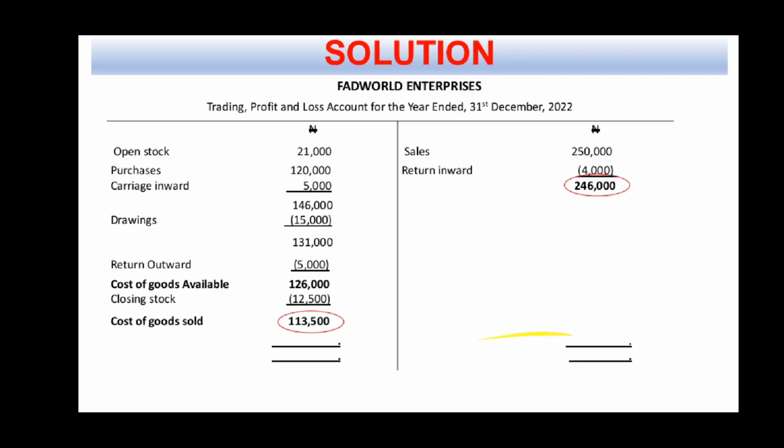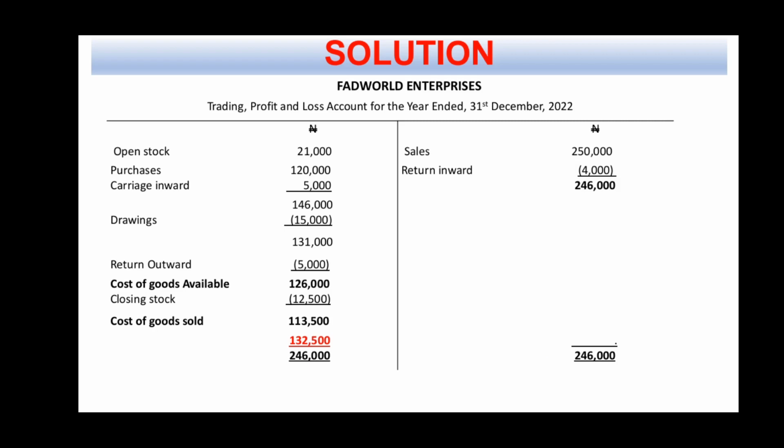So that amount will be written at the total side of the two. That's 246,000, 246,000. If you now subtract our cost of goods sold, which is 113,500, from 246,000, that is going to give us 132,500 naira.